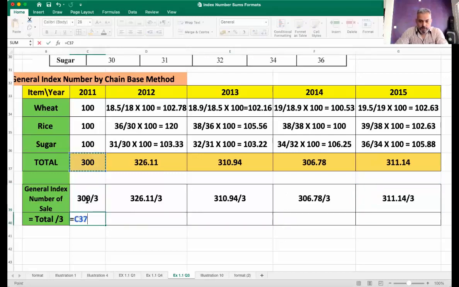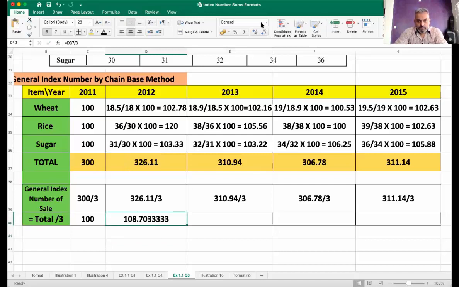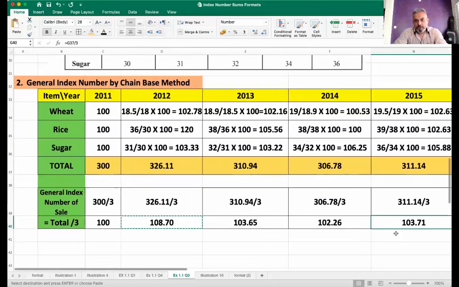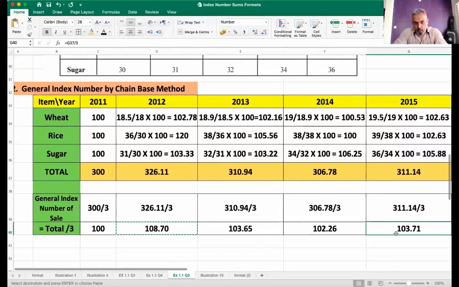So which is equal to 100, 108.70, 103.65, 102.26, and 103.71.